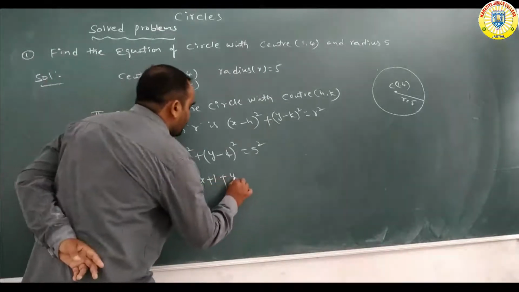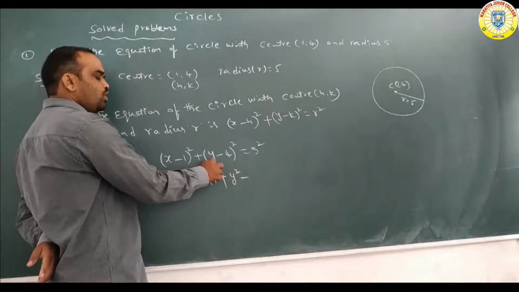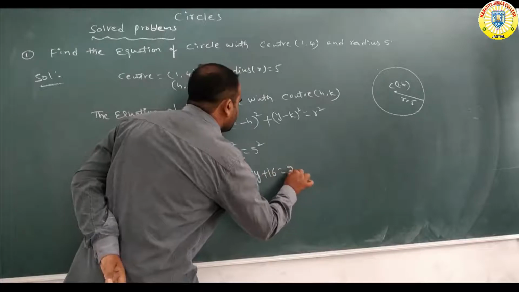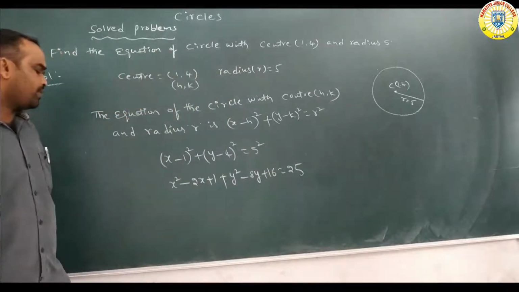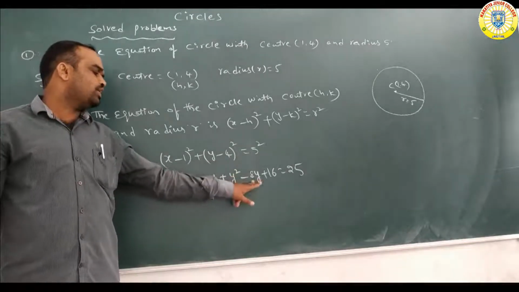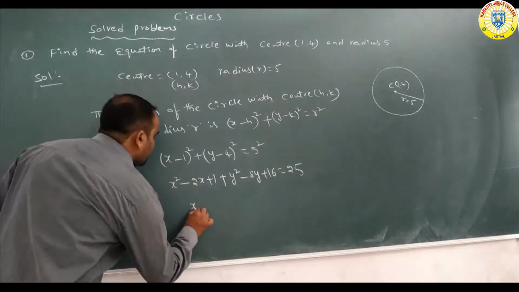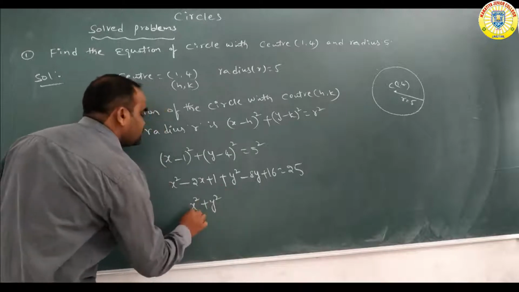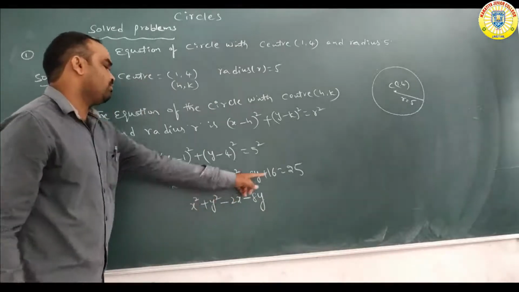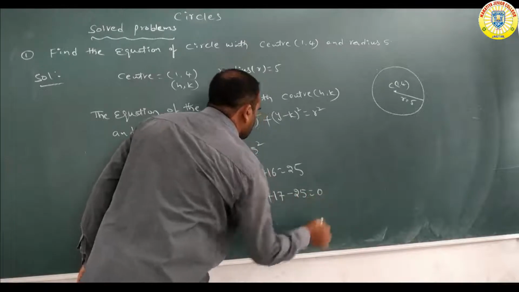Plus y squared, using the form (a minus b) whole squared, minus 2ab: 2y into 4, that is 8y, plus 16, is equal to 5 squared, which is 25. So x squared plus y squared minus 2x minus 8y, plus 1 plus 16, which is 17, minus 25 is equal to 0.